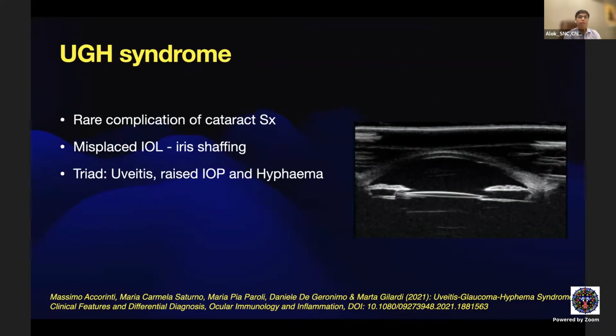So uveitis-glaucoma-hyphema syndrome, as it is known, is a rare complication of cataract surgery, and it is usually because of a misplaced IOL, or sometimes if a foldable acrylic IOL is placed in the sulcus, it can also lead to UGH syndrome. And it presents with a triad of uveitis, raised IOP, and hyphema.